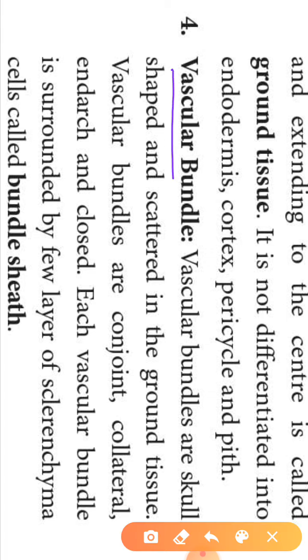Vascular bundles are skull shaped, which means a bone structure of a human head, and spread over the ground tissue.